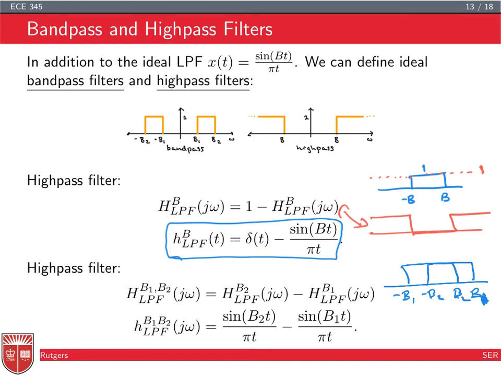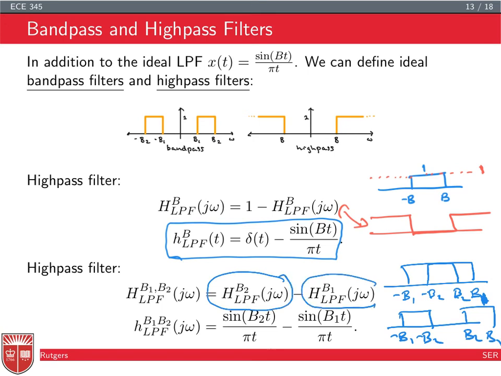Now if you subtract these, you're going to get this one. Maybe I switched B1 and B2 here, but it doesn't matter. So it's equal to the difference between two low pass filters, and this is how you get the impulse response of a band pass filter.